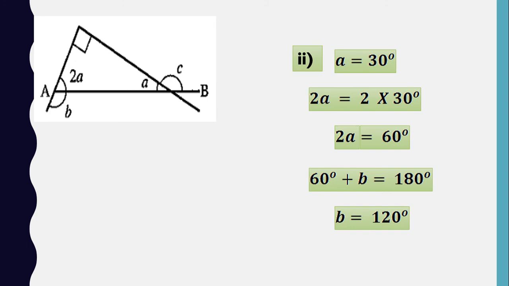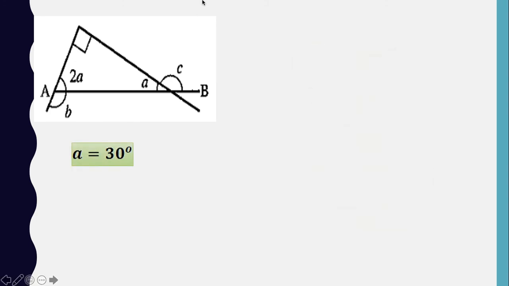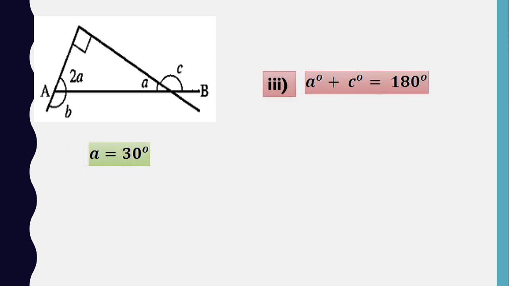Now we will find angle C. Here you found out A, right? Angle A is how much? 30 degree. We found out angle A. Now we are going to find out angle C. There's a relation between angle A and angle C, students. The two angles lie on a straight line and their sum is equal to 180 degree. So it's so easy then. See, angle A plus angle C is 180 degree.